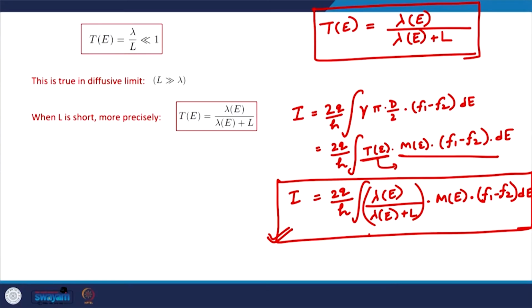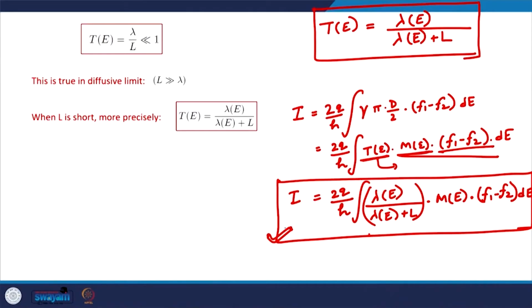In the diffusive case, electrons might be scattering. Then we had an expression for the diffusion constant. From there we obtained the expression for the transmission coefficient. We have the modes, we have the Fermi functions. Essentially the parameters from the basic physics of the device. So, this is a general expression for current in the case of devices.